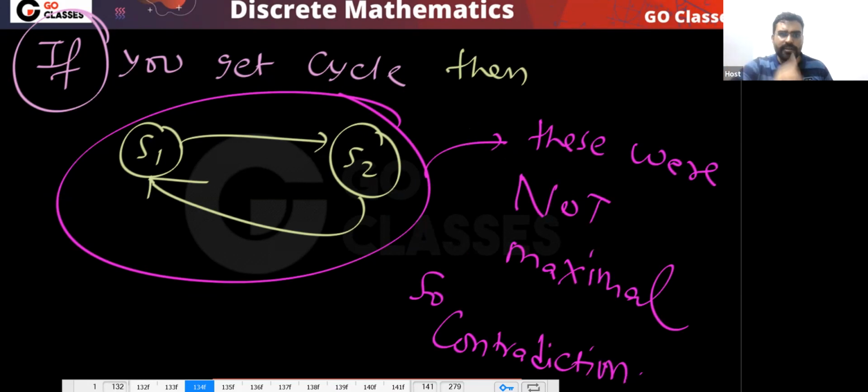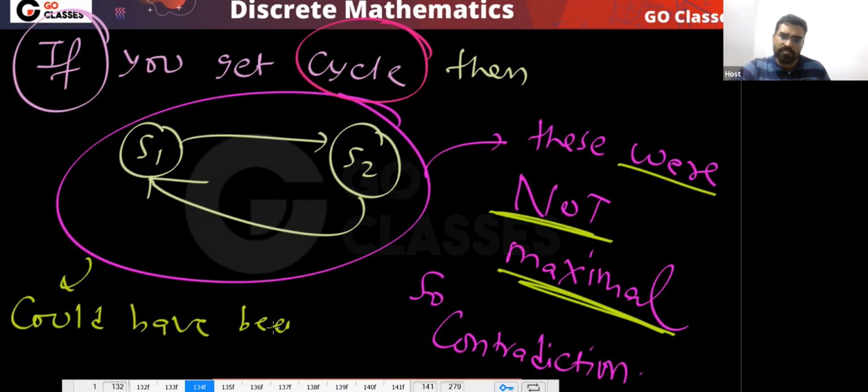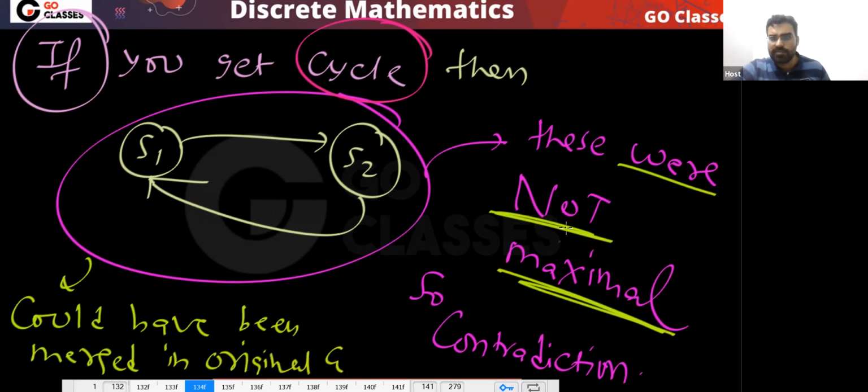If you get a cycle, it simply means that these could have been merged in the original G. I can say these were not maximal in the original G. So there is a contradiction, and therefore you will definitely get a directed acyclic graph.